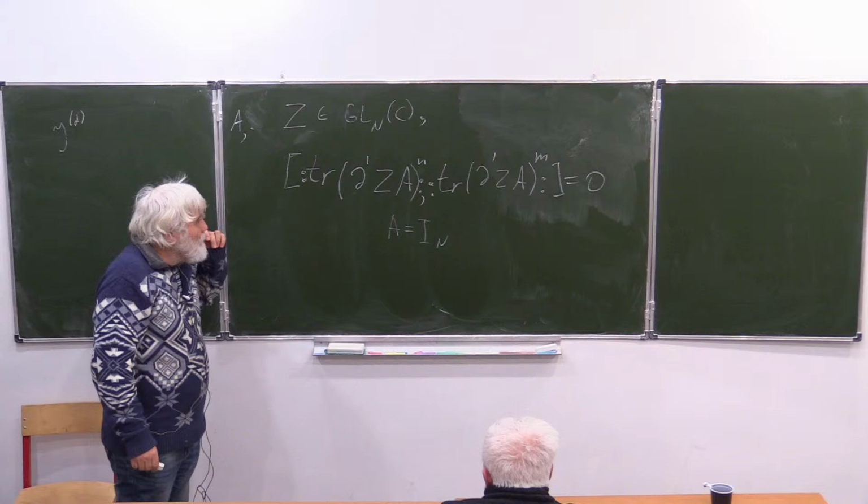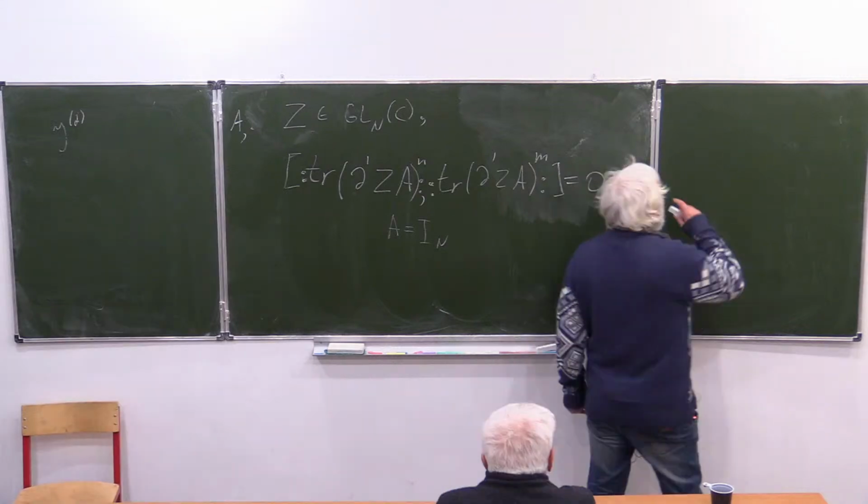A quantum Calogero model is a set of commuting Hamiltonians, which look like this. You know what the classical Calogero model is?